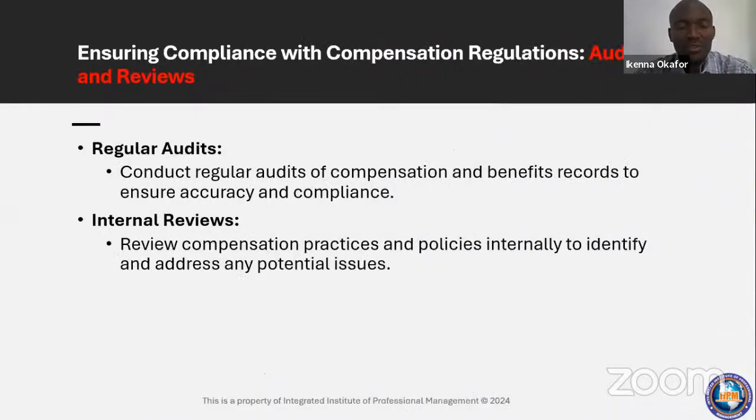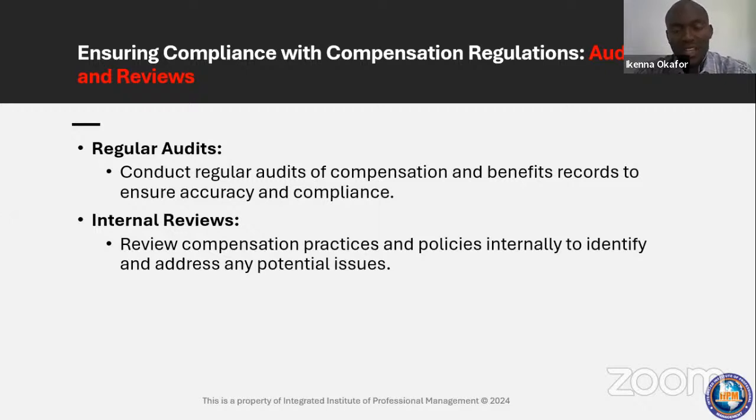Audit and review. Do a regular audit of your compensation using both external and internal dynamics, ensuring that everybody who is at the same level is placed on the same salary and getting the same benefits in line with your policy and procedure.